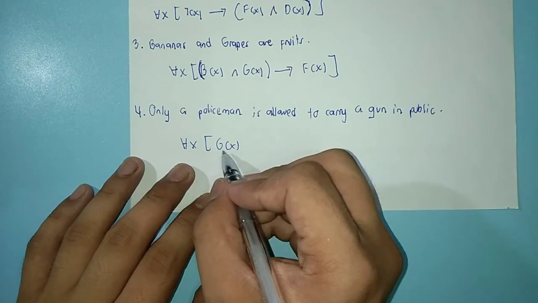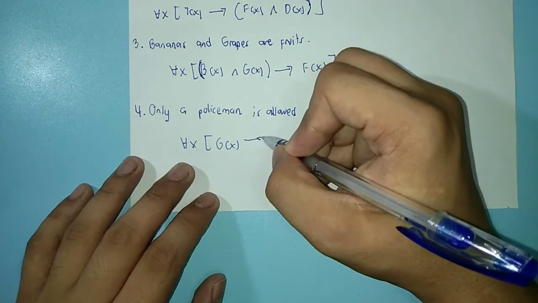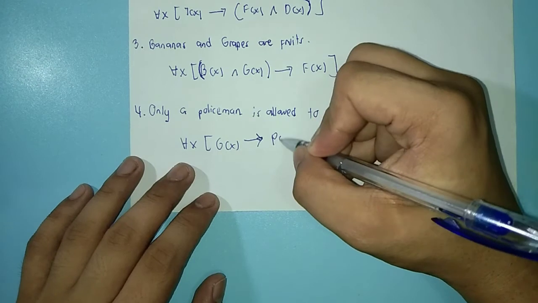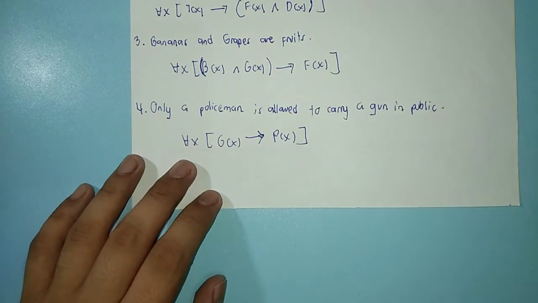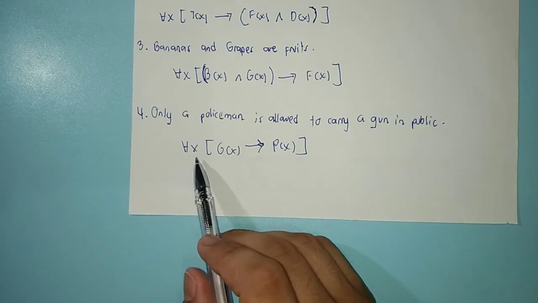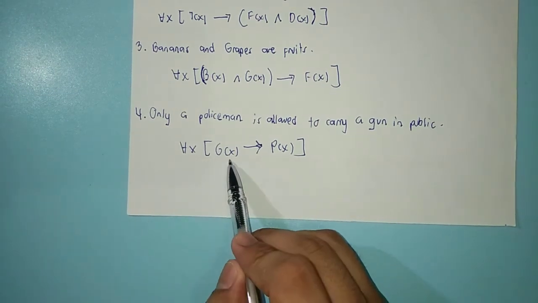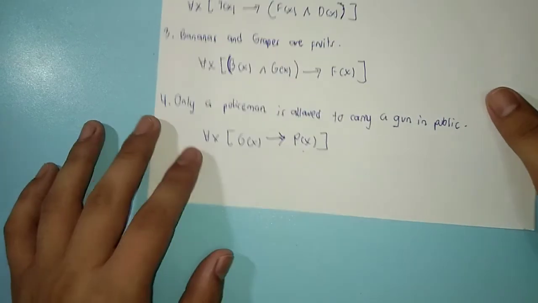So, meaning, when a person has a gun, then that must be a policeman. Okay? Because according to our statement, only a policeman should be allowed to carry a gun in public. Okay? So, if a person is carrying a gun in public, then he must be a policeman. Okay, so another example.